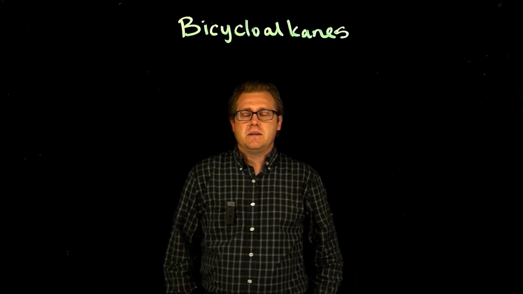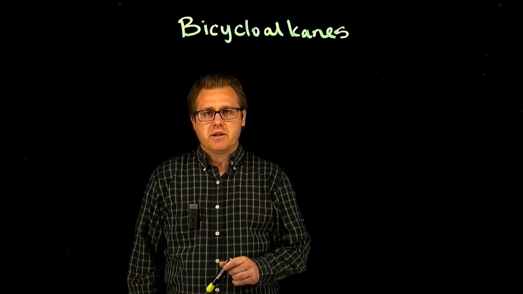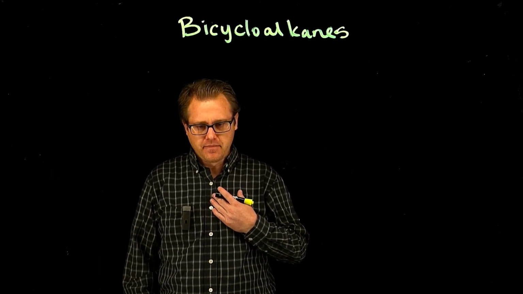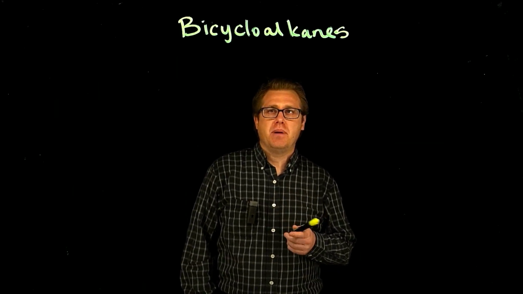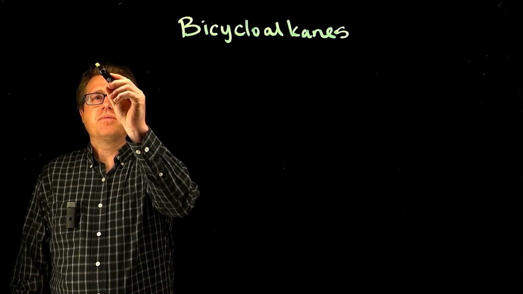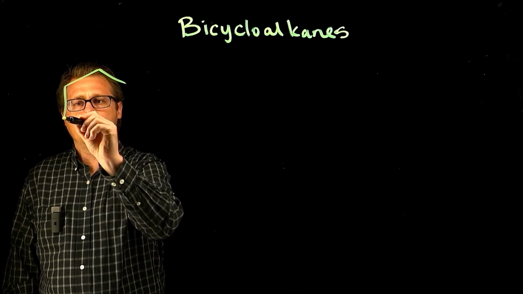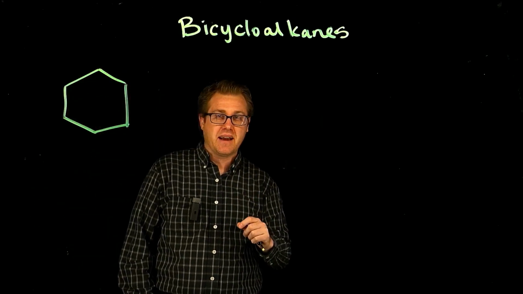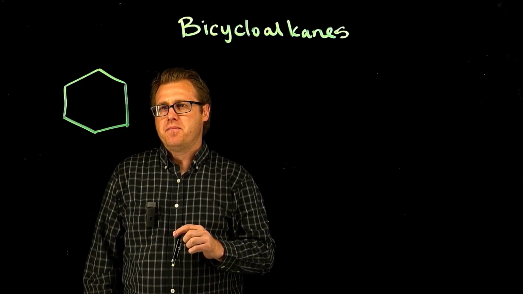Hello, class. What we're going to discuss now is the nomenclature of alkanes called bicycloalkanes. Now, we've previously seen alkanes in a ring structure like that, so that would be cyclohexane.